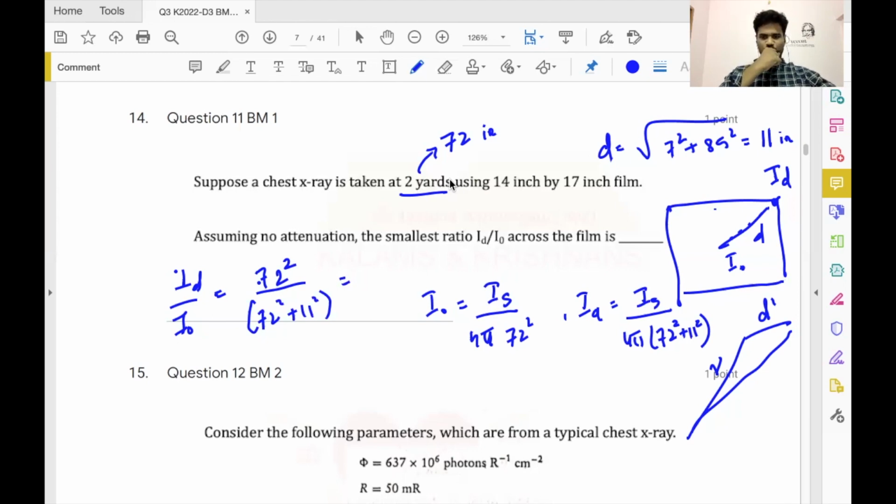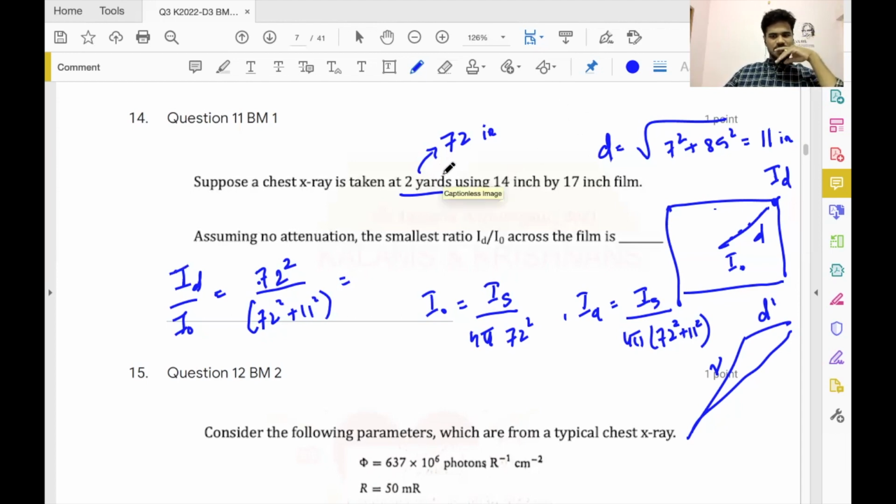Okay, now comes a couple of questions. What are the factors that we should actually account for? I only accounted for one factor. We have to account for one more thing.